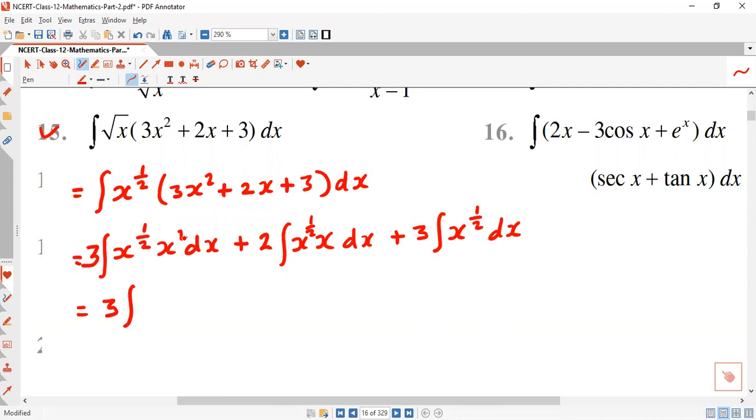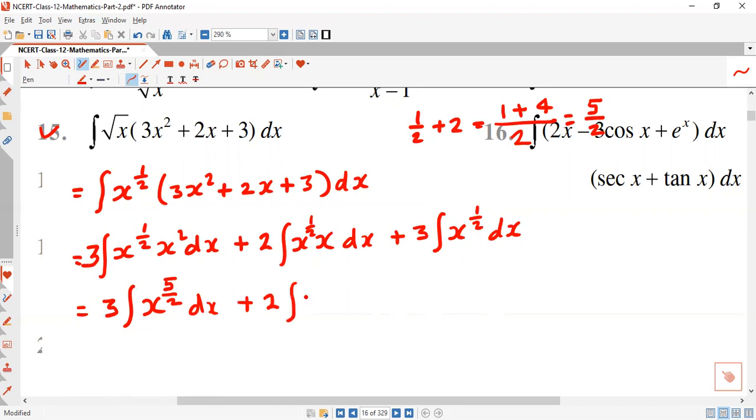Integration, half plus 2 becomes 5 by 2. You see, half plus 2, taking 2 as LCM, it becomes 1 plus 4, this becomes 5 by 2 dx, plus 2 times half plus 1 becomes x raised to 3 by 2 dx.